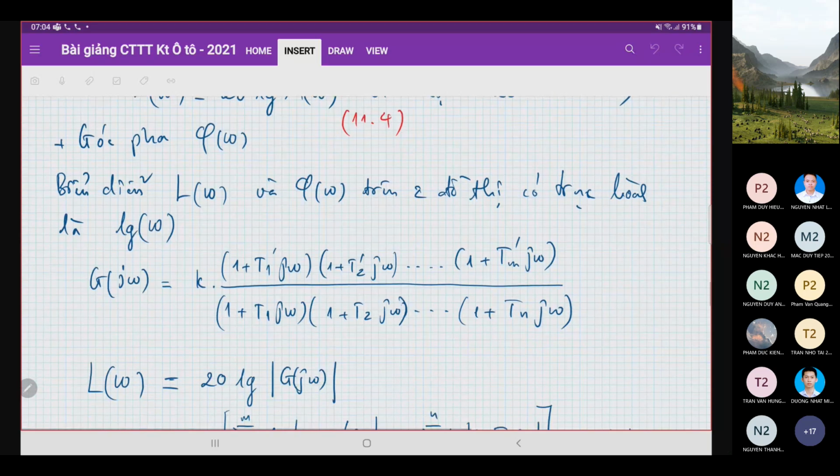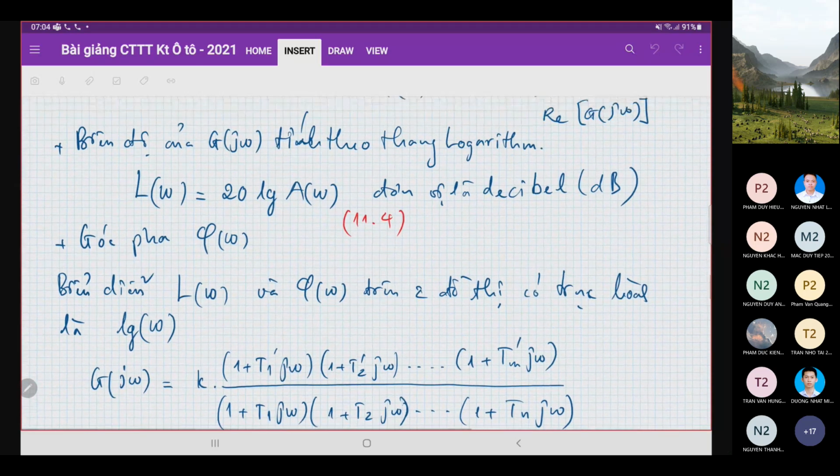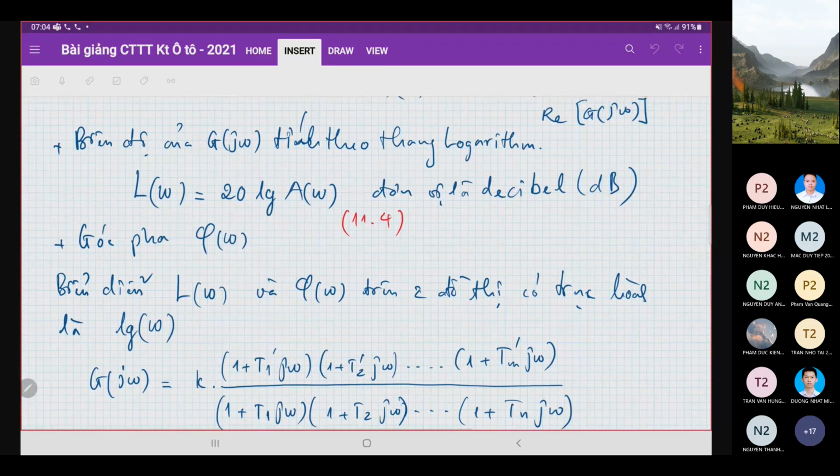One reason why we use the logarithm scale instead of linear scale is because the power of the signal will be proportional to the square value of the magnitude of the signal.